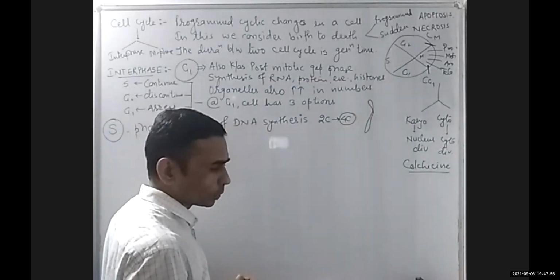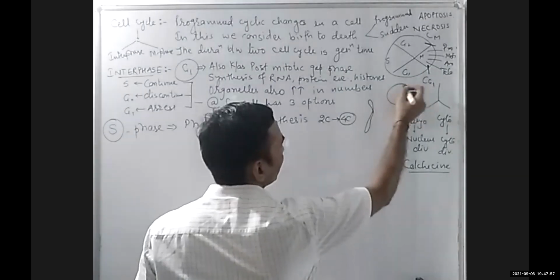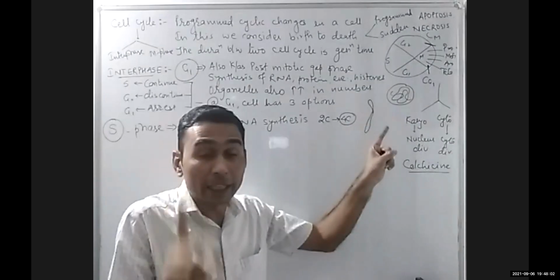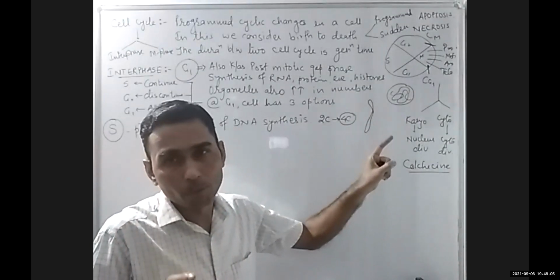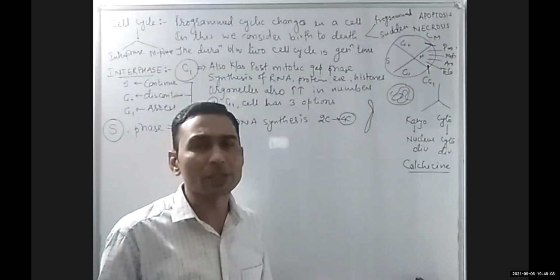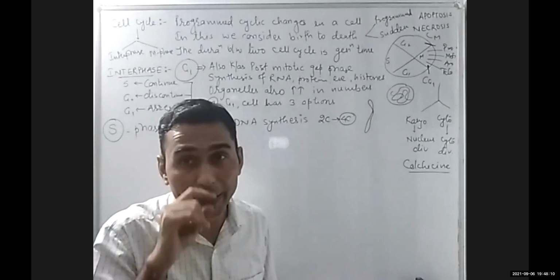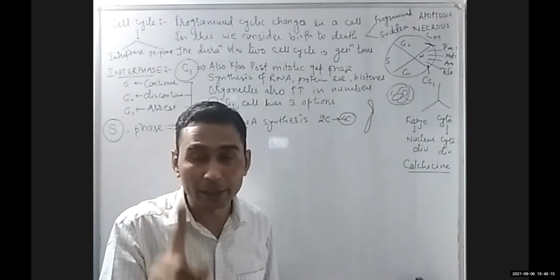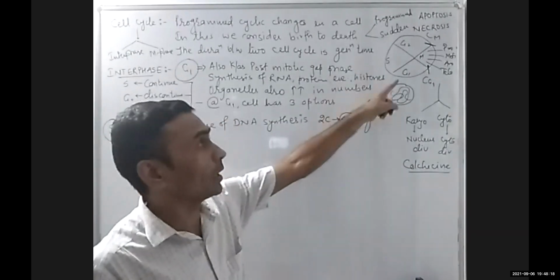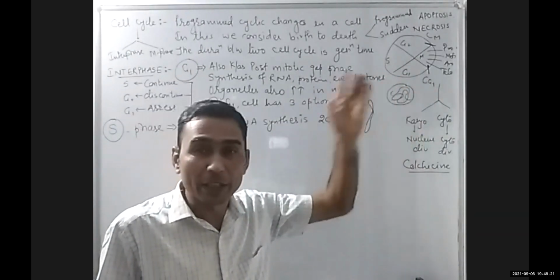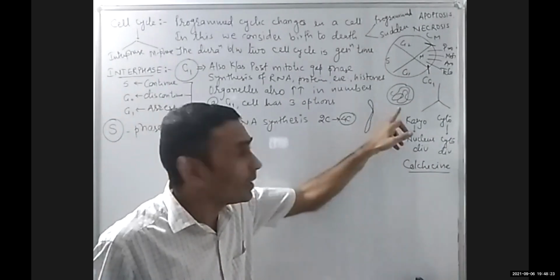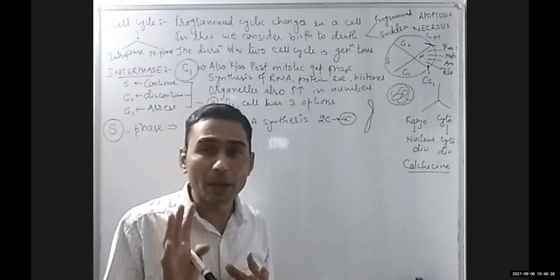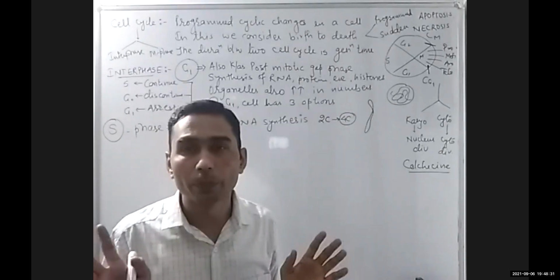This is basically a chromosome, which was earlier a thin chromatin thread. This was a thin chromatin thread, which is the normal position, the normal status of any cell which is not dividing at all. But once it decides to divide, it has to enter into G1, S, G2. So when it enters into S, its content becomes double. In fact, I told you that there is no such thing as a chromosome, friends.